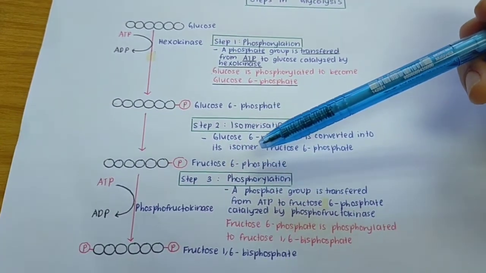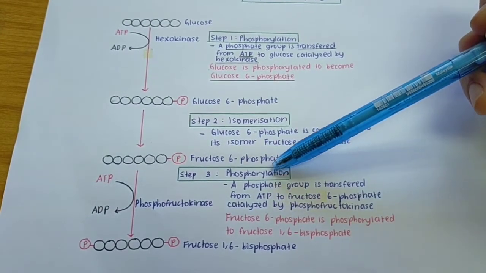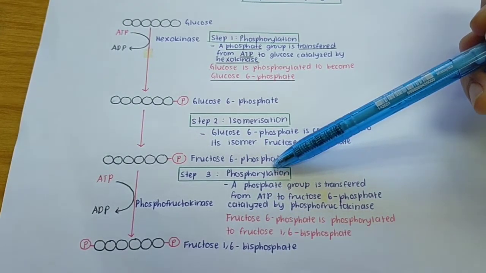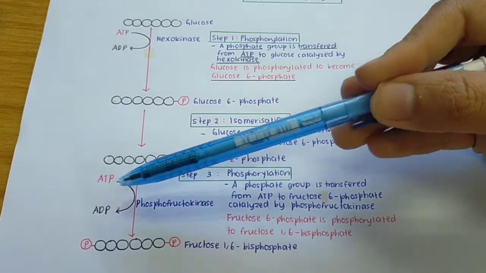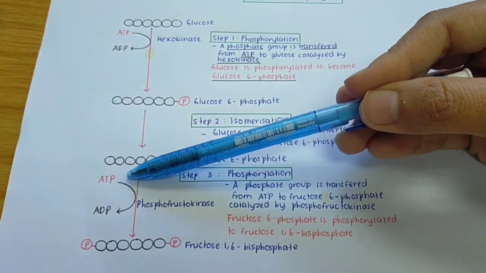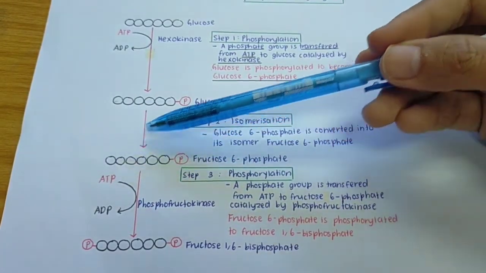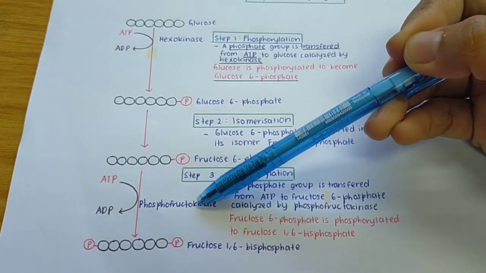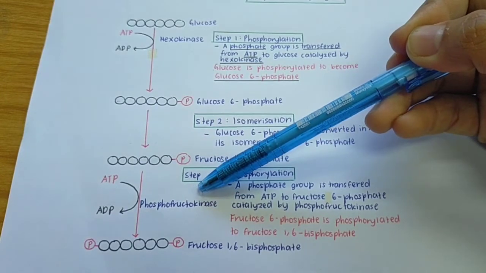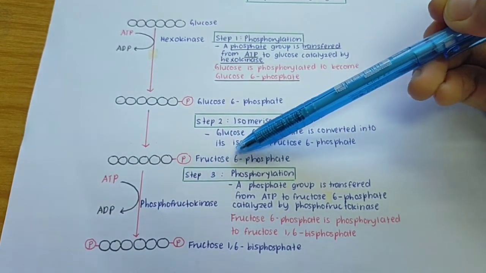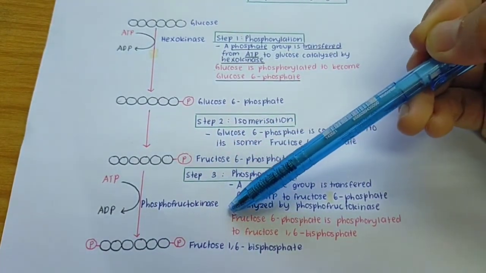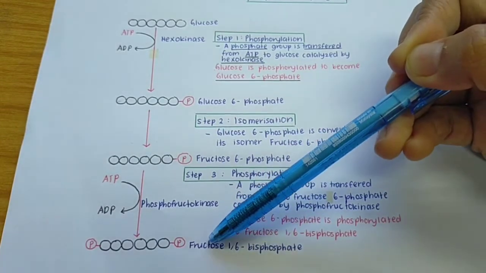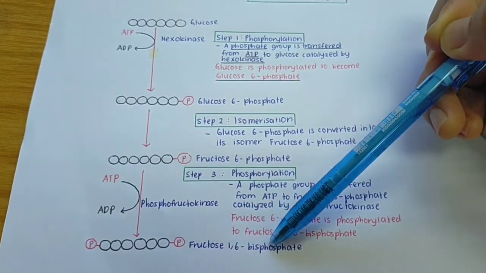Okay, then step 3, once again, is phosphorylation. A phosphate group from ATP is transferred to carbon 1 of fructose 6-phosphate. This reaction is catalyzed by the enzyme phosphofructokinase. So what happens to fructose 6-phosphate? It is phosphorylated to become fructose 1,6-bisphosphate.